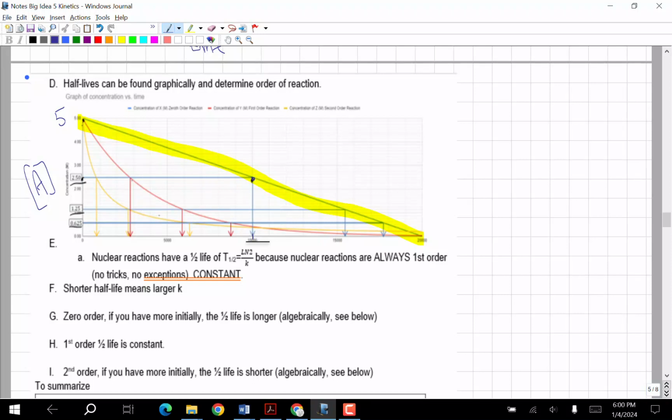Notice this is your half-life, okay? So this looks like it's 1, 2, 3, 4. So this is 20,000. So this right here is 10,000. So notice how it is constant, right? Concentration of X. So this is 0 order. And this, we're looking at a 0 order. So half-life is constant.